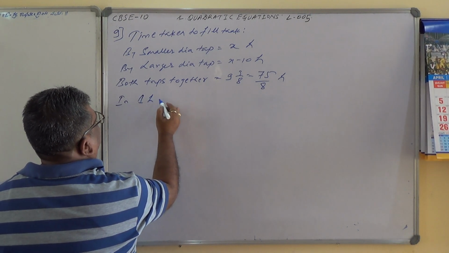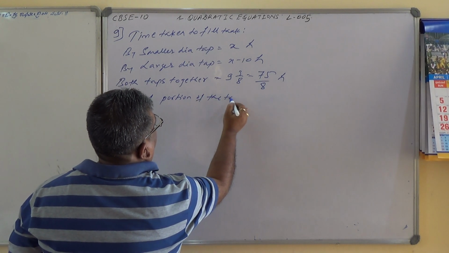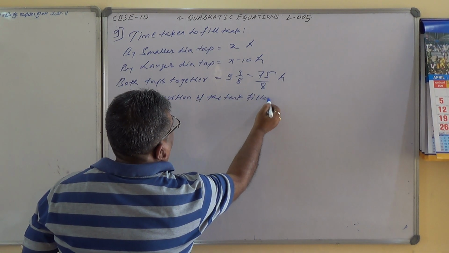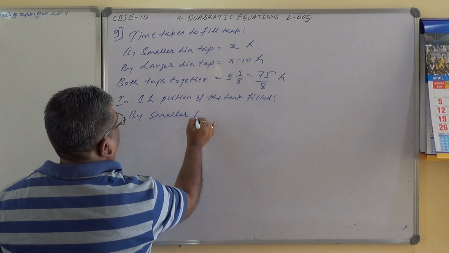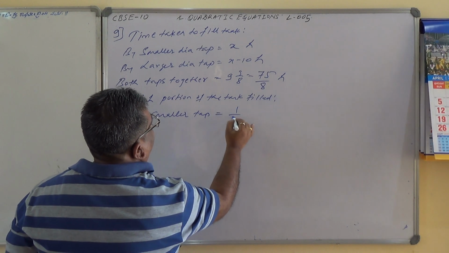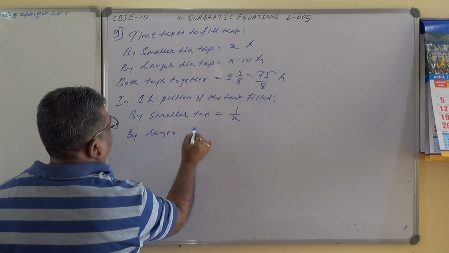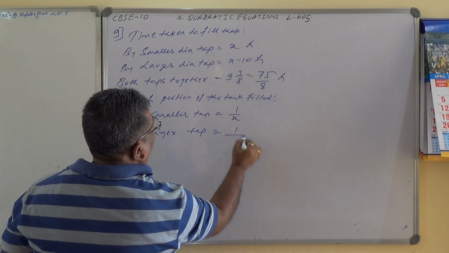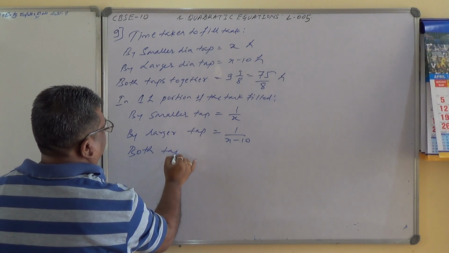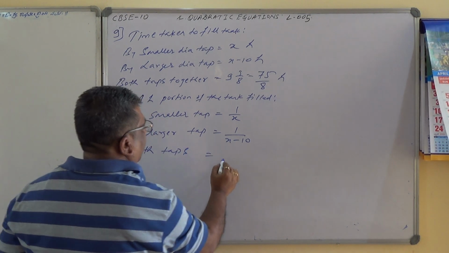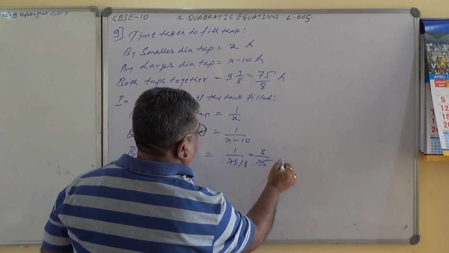The portion filled by the smaller tap is 1 by x, by the larger tap is 1 by x minus 10, and by both taps it is 1 divided by 75 by 8, which is 8 by 75.